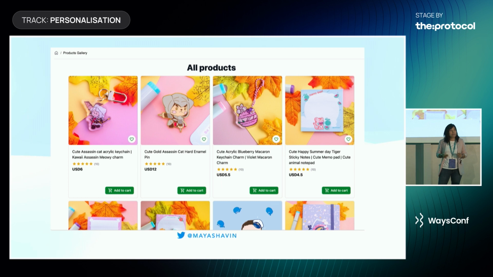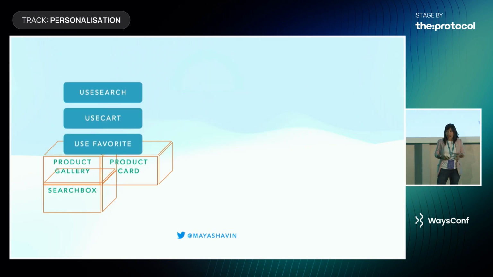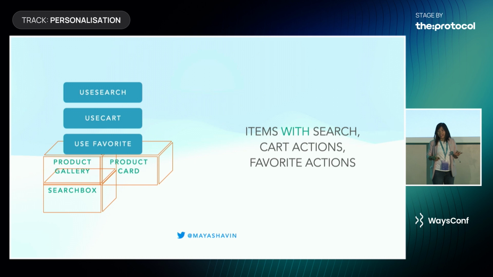To build a product gallery like this, I just need to plug them in, like plugging Lego pieces together: product gallery, product card, search box, use search, use cards, use favorite. Then I will have an item with a search box, card item, favorite item, and if the user wants something extra, they can pick a logic or a component from your library and put it together.